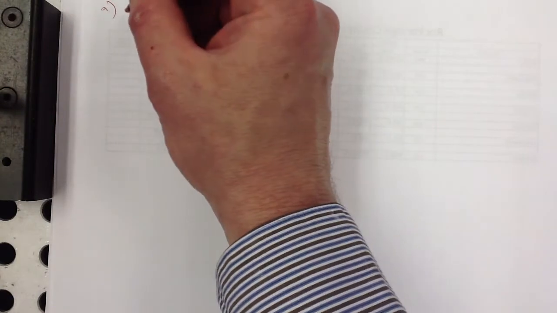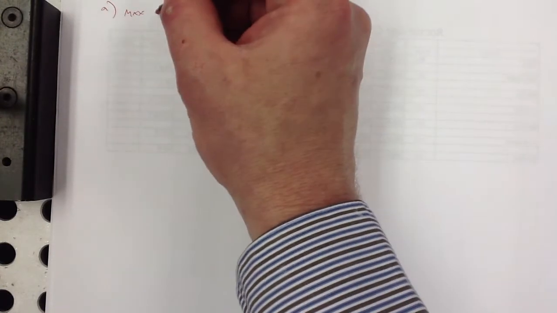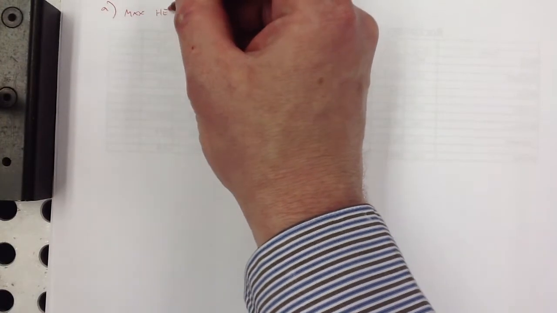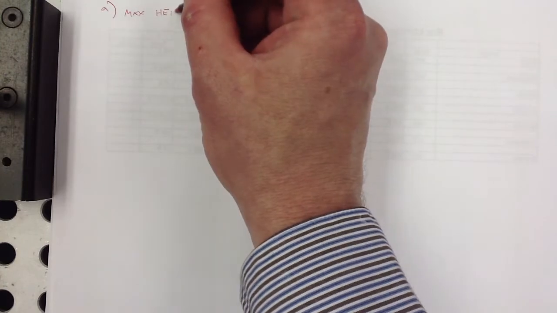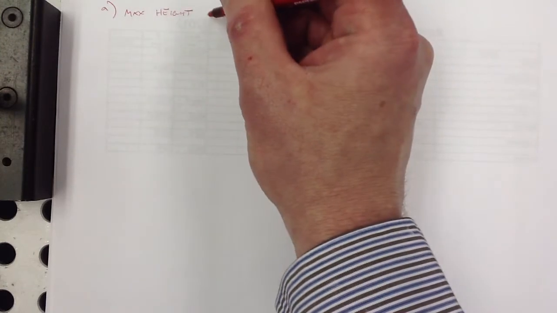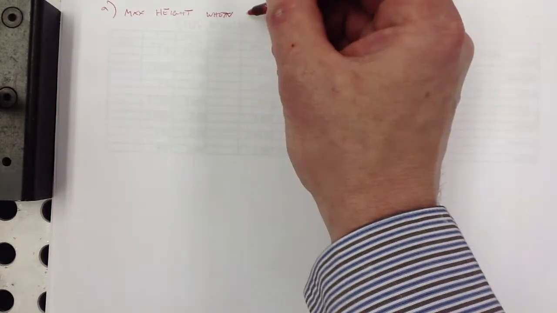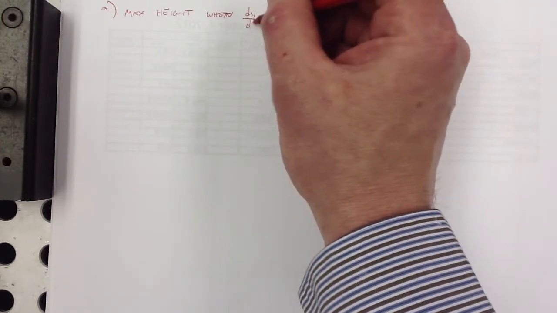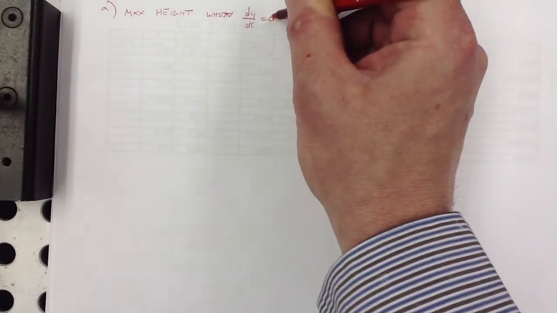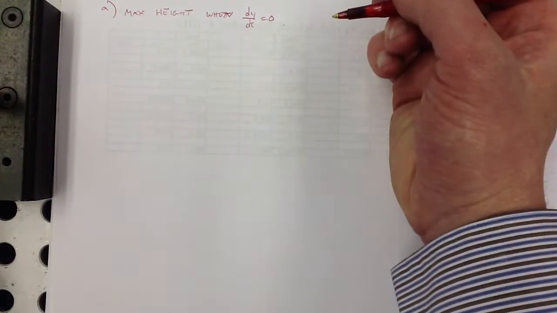For part A, the maximum vertical distance, that's the same as the max height, happens when the vertical velocity, or in other words, dy dt, is equal to 0, right?